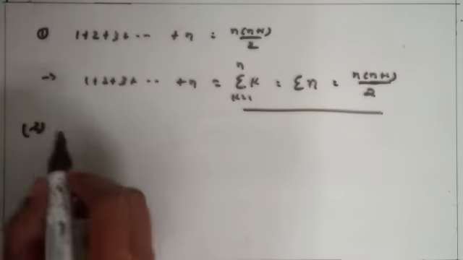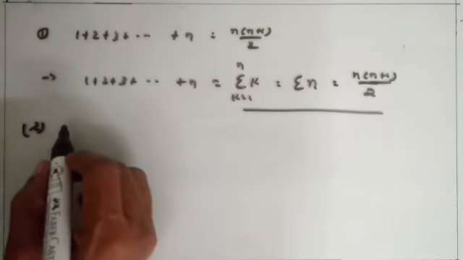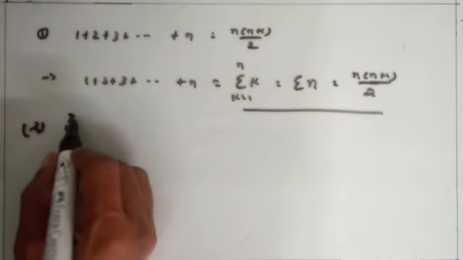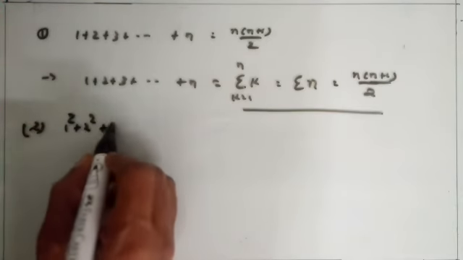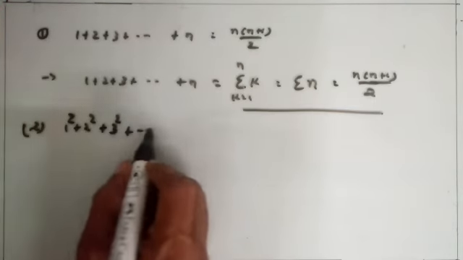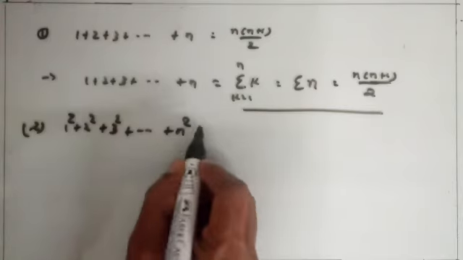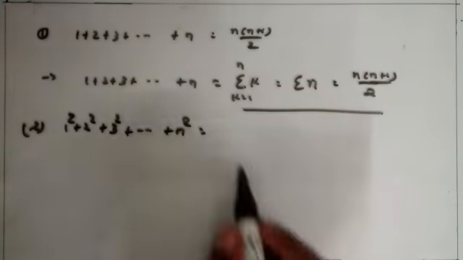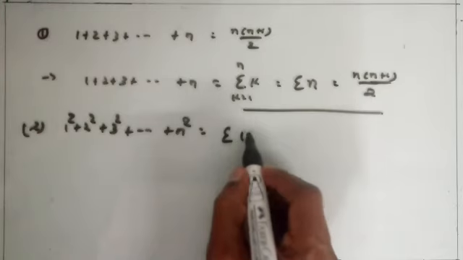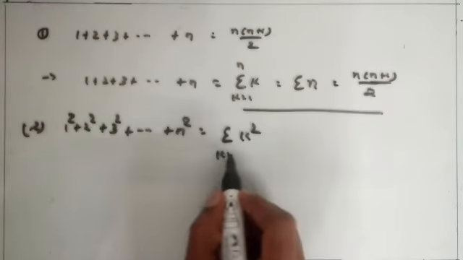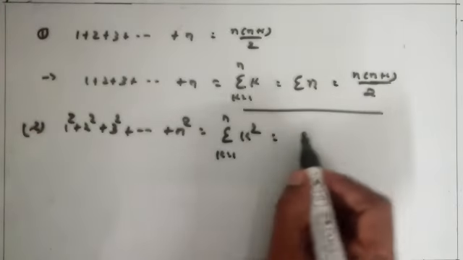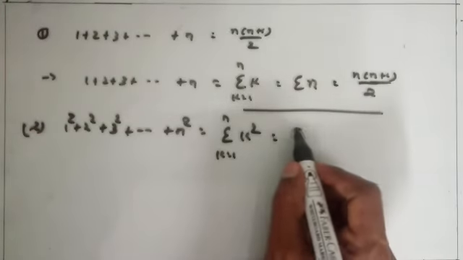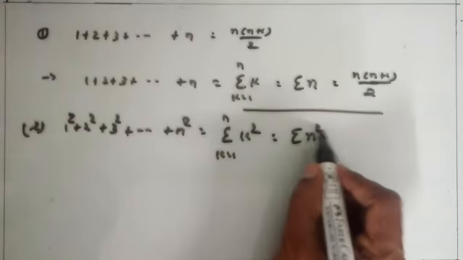Similarly, for the special sequence 1 square plus 2 square plus 3 square plus up to n square, it is denoted by sigma k square, k equal to 1 to n, and in short form by sigma n square.